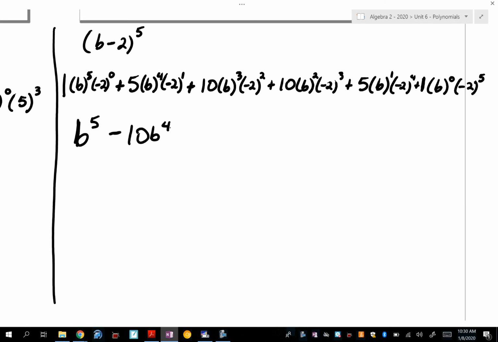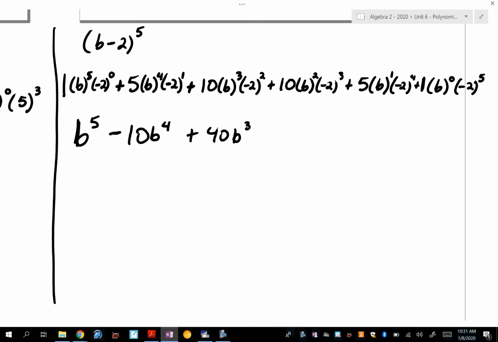Okay? Now I'm going to keep going. What's negative 2 squared? That's positive 4. And what's 4 times 10? That's going to be plus 40 b cubed. What's negative 2 cubed? Negative 8.